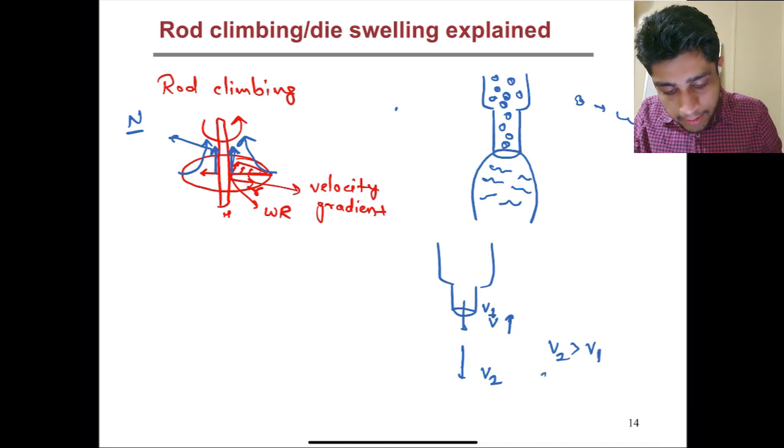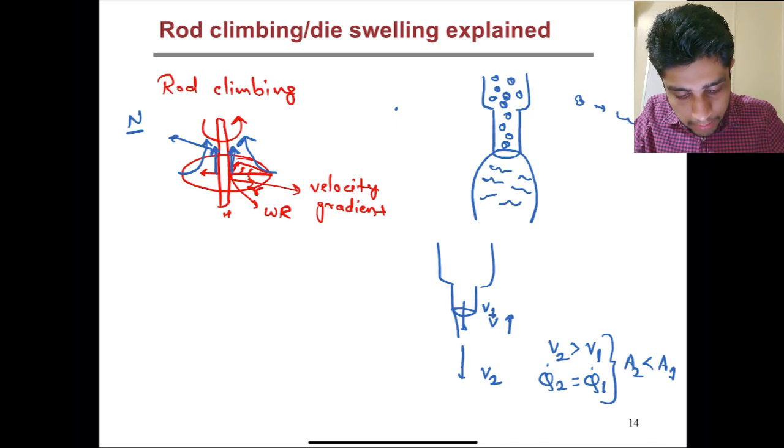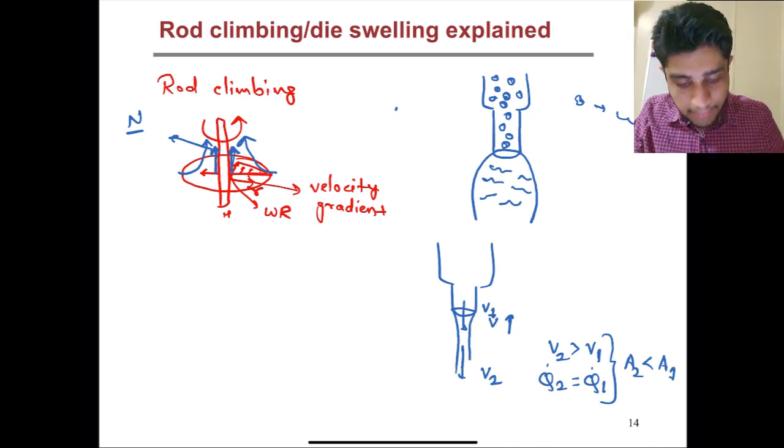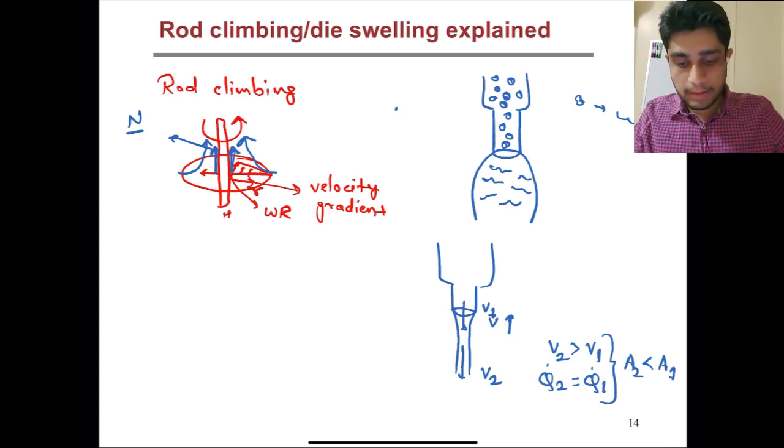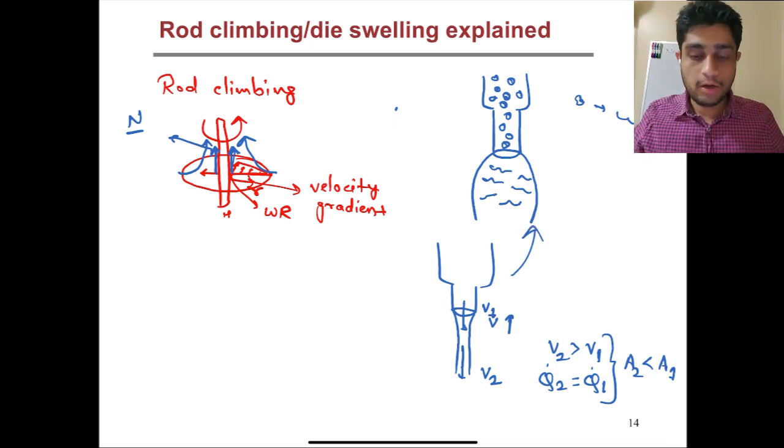Since we have the same flow rate at 2 and 1, this means the area at 2 is smaller than the area at 1. So a Newtonian fluid actually contracts like this. So die swelling is non-intuitive and completely opposite to a Newtonian fluid. Non-Newtonian behaviors can lead to these interesting and fascinating non-intuitive phenomena.